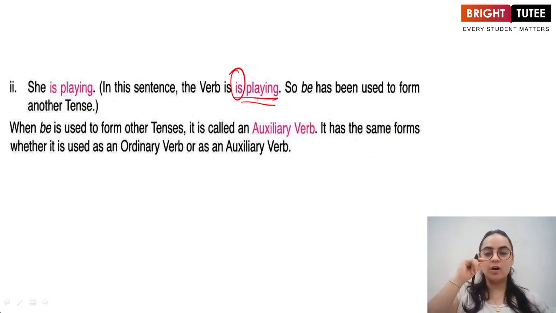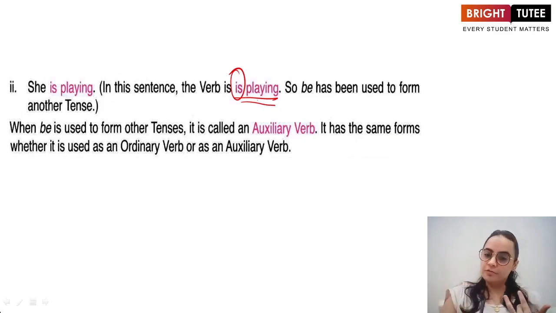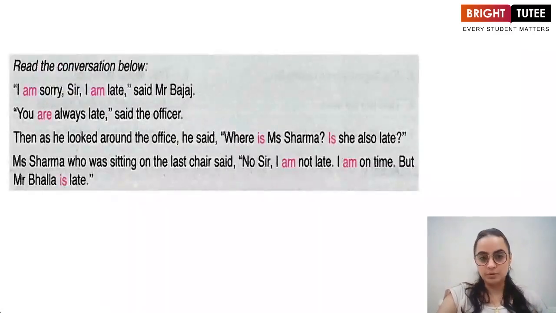And when a verb is used along with the other verbs in order to form a tense, it is known as an auxiliary verb. So a verb can either be used as an ordinary verb or it can help in the formation of some tenses. So when a verb is used to form a tense, it is known as an auxiliary verb.